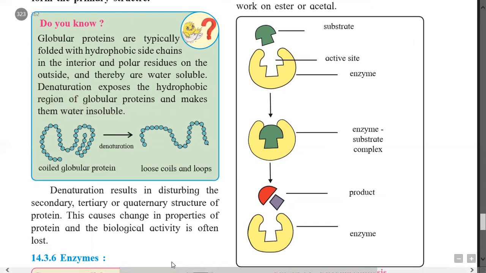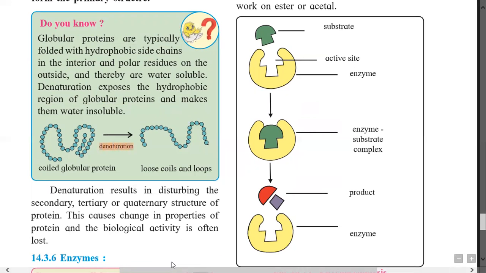This coiling is due to non-covalent bonds, that is, hydrogen bonds and van der Waals forces. All these forces we studied last time, which are responsible for secondary, tertiary, and quaternary structure.